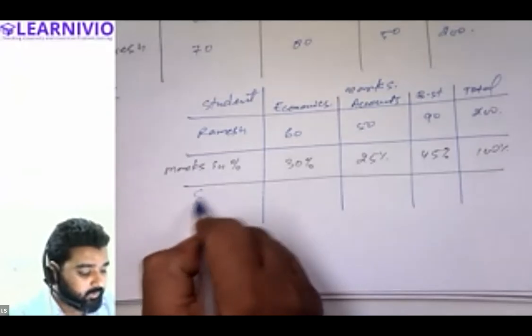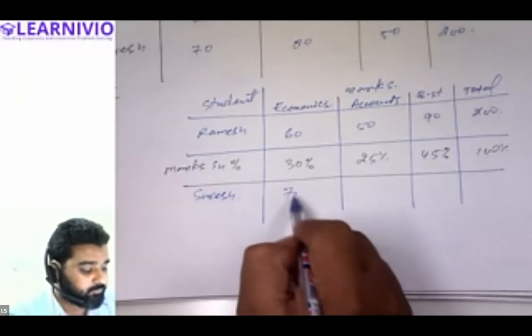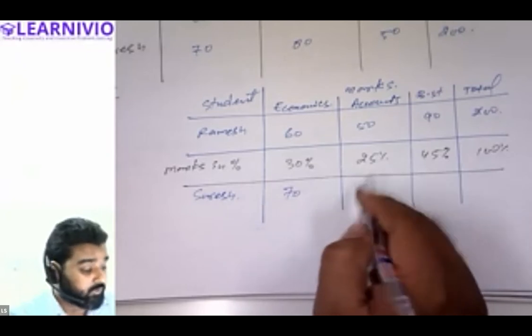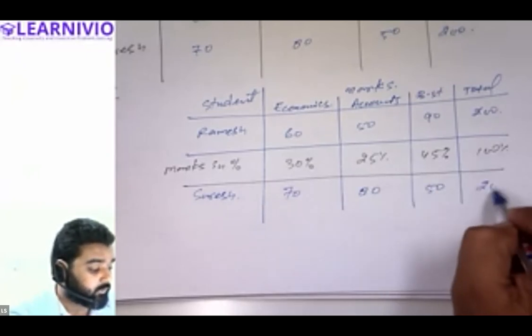And similarly, we will convert the marks scored by Suresh in terms of percentage. So first of all, let's write the marks of Suresh: 70, 80, 50, 200.